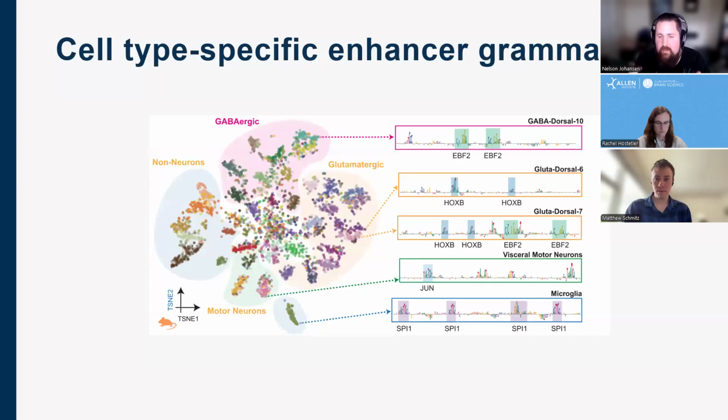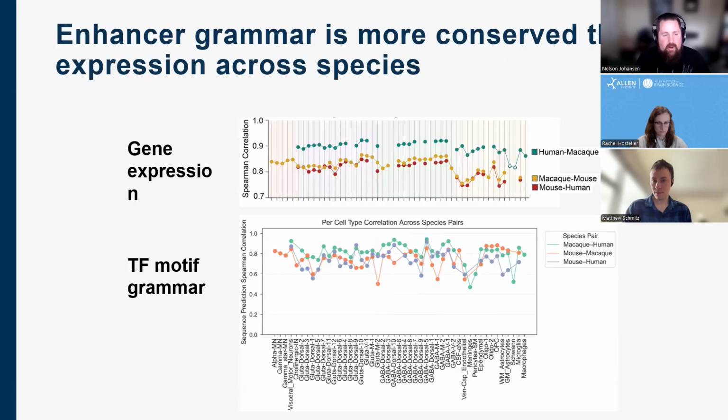You can repeat this process for all these types we defined, understanding what unique DNA elements are being utilized by various cell types. And that can help us understand regulatory biology, but also try to target different cell types across the brain and spinal cord.